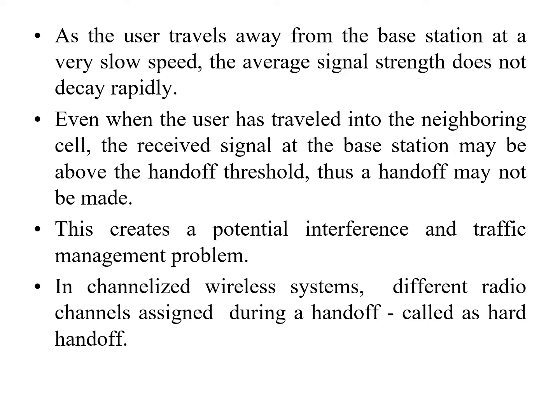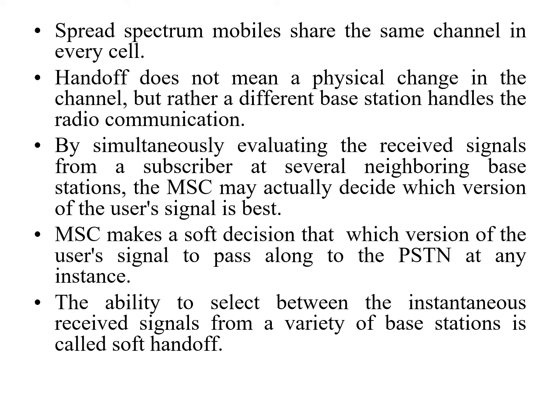In channelized wireless systems, different radio channels are assigned during a handoff, called a hard handoff. Spread spectrum mobiles share the same channel in every cell. Handoff does not mean a physical change in the channel, but rather a different base station handles the radio communication.